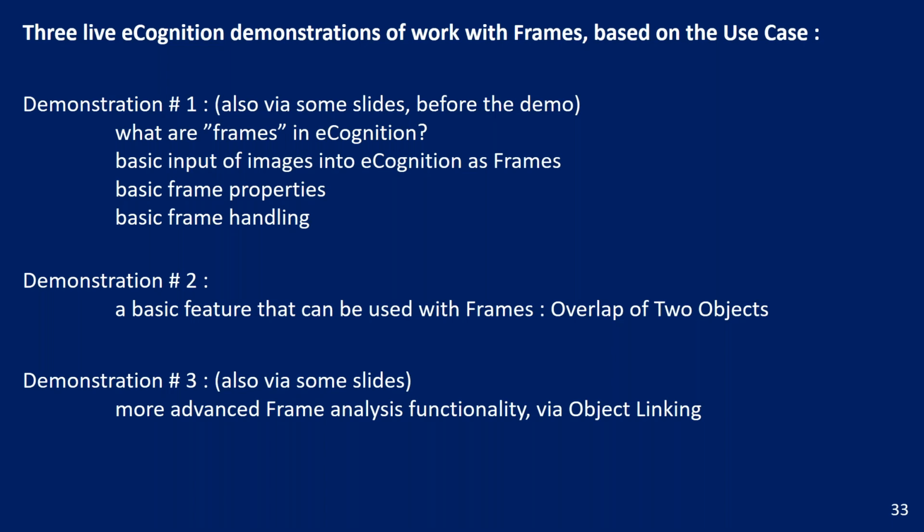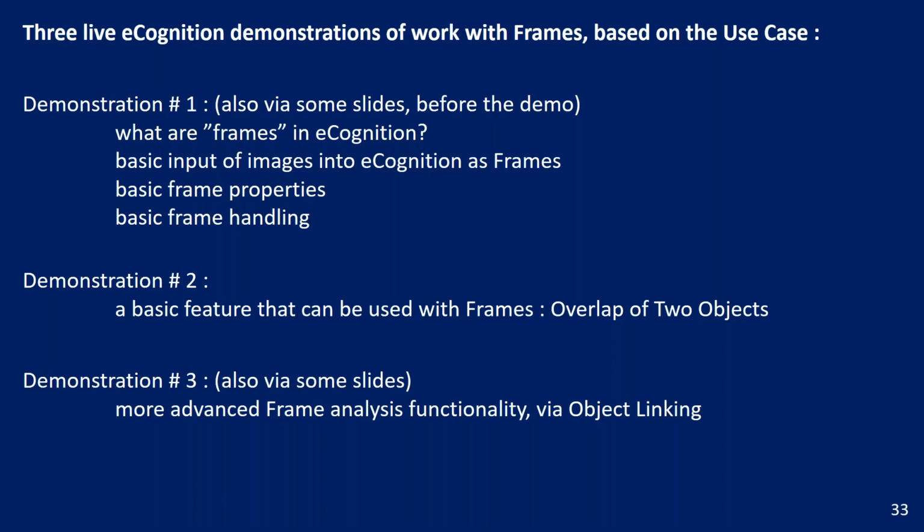The second demonstration picks up with a rather simple feature that is present in eCognition that enables us to do some frame-to-frame analysis, and that's a feature called overlap of two objects. So that demonstration focuses simply on that single feature.